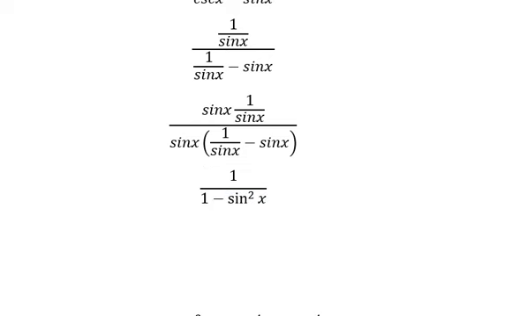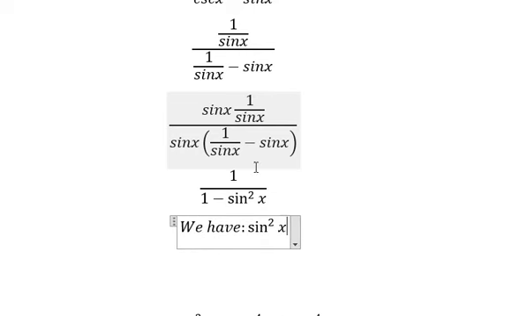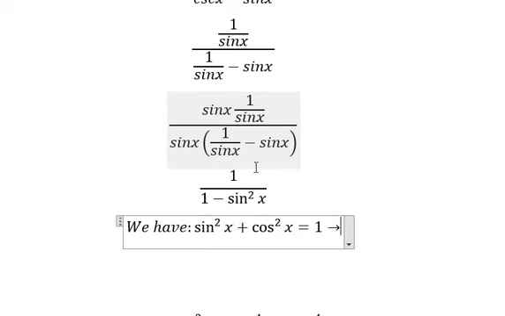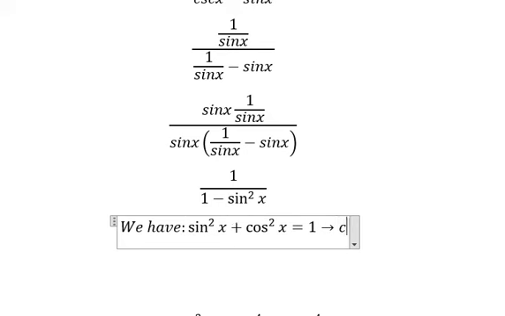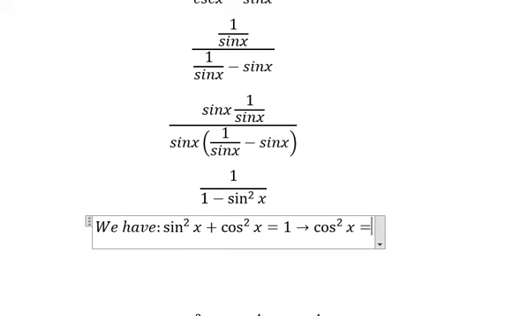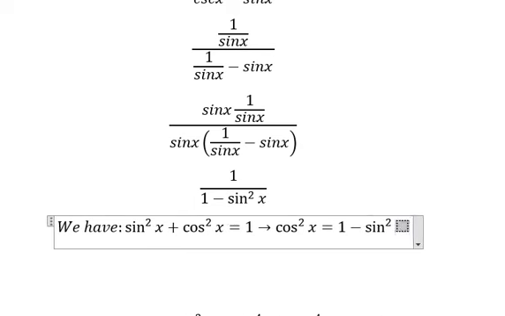Next, we have the formula in here. Sin s squared plus cosine s squared equals the number 1. So we have 1 minus sin s squared, so we need to put sin s squared to the right. And we have 1 minus sin s squared.